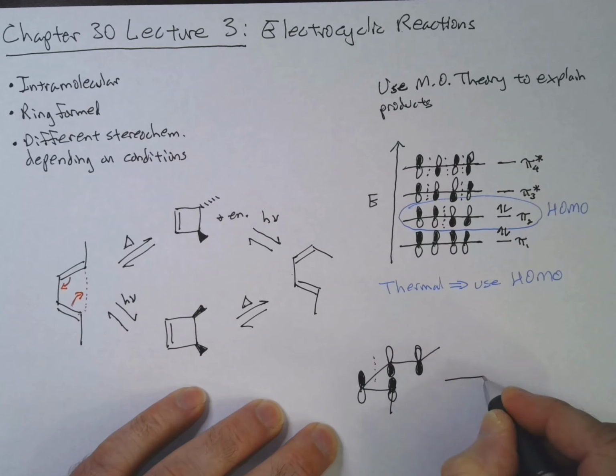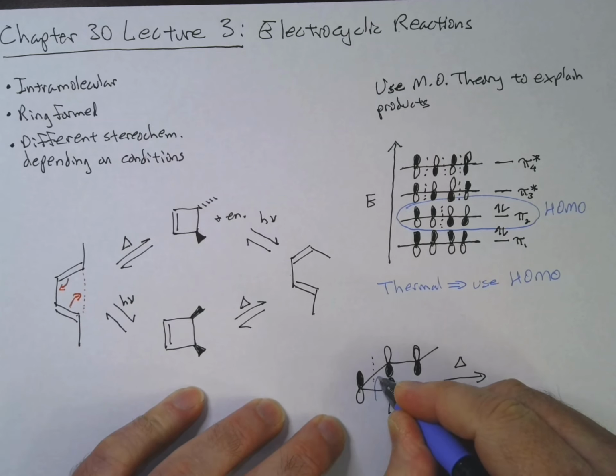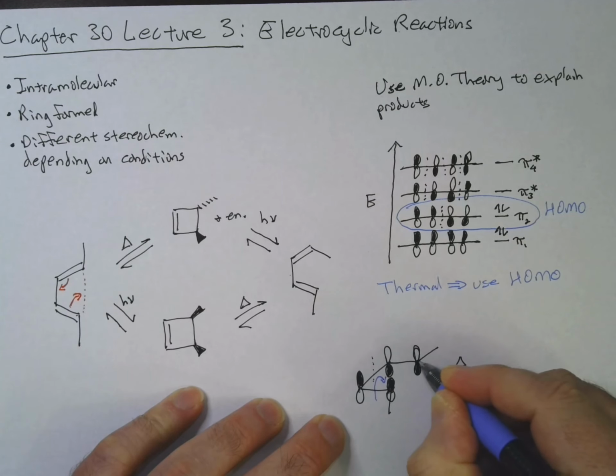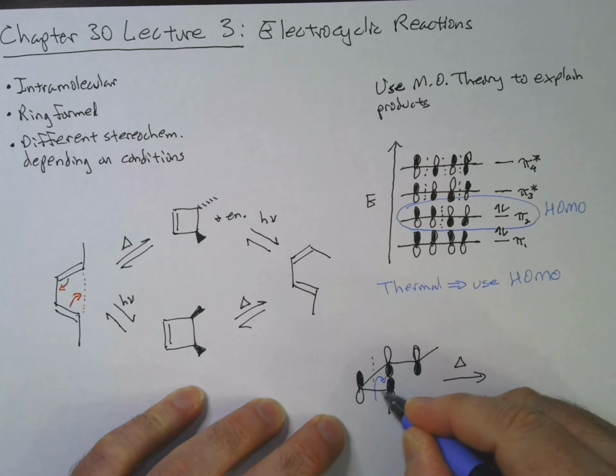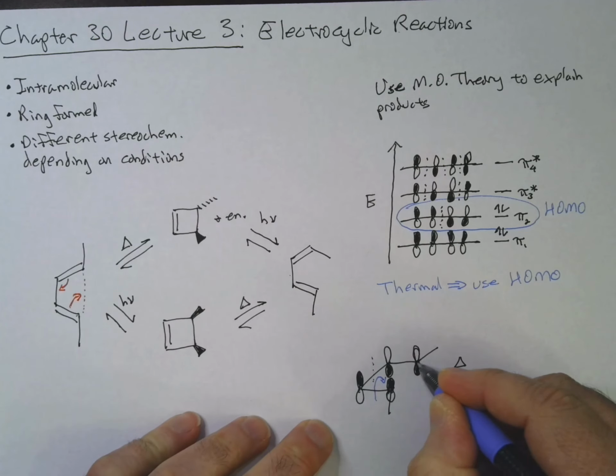Now, in order to get new overlap, I have to get rotation about these bonds here. So these pi bonds break, and this part of the molecule rotates. Same thing here.